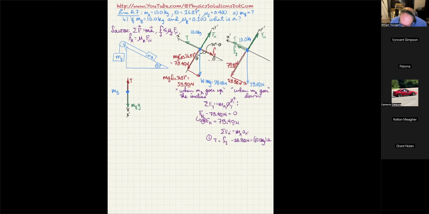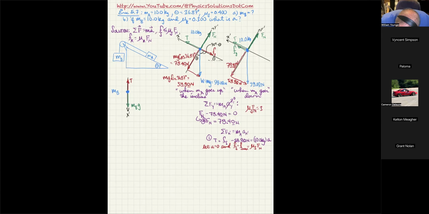So let A equal 0 and F sub S equal F sub S max, which equals mu sub S times F normal. Mu sub S is 0.4, so 0.4 times 78.40 gives me 31.36.